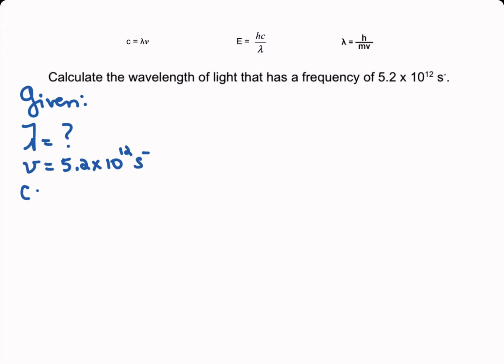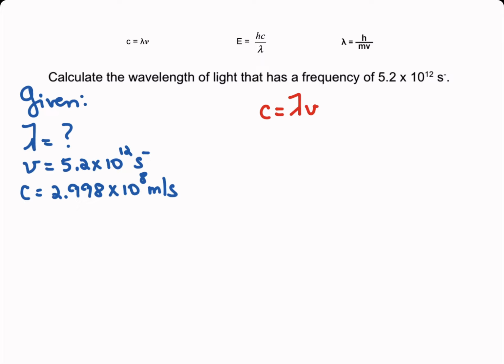And I do know that we're going to be using c, the speed of light. So I have many formulas. I have lambda and I have frequency. So I'm going to use c equals lambda times frequency.